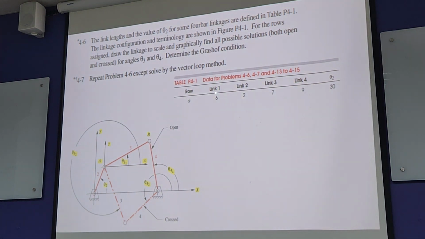Link 1 has a length of, let us say, 6 inch. Link 2 has a length of 2 inch. Link 3 has a length of 7 inch. And link 4, 9 inches. It doesn't matter inch or centimeter, you choose. The unit is not important. So theta 2 is given as 30 degrees.